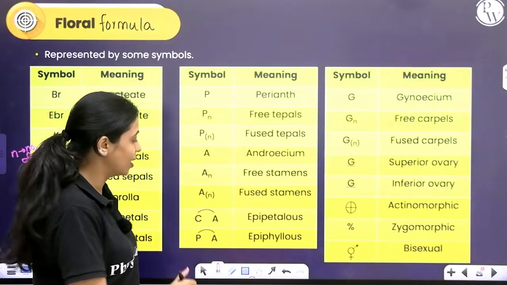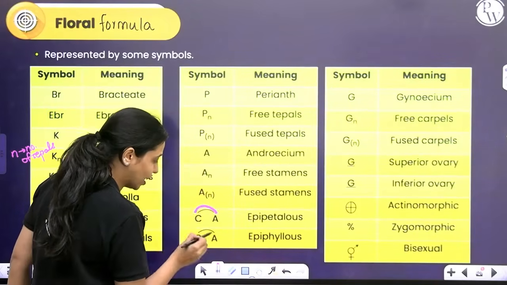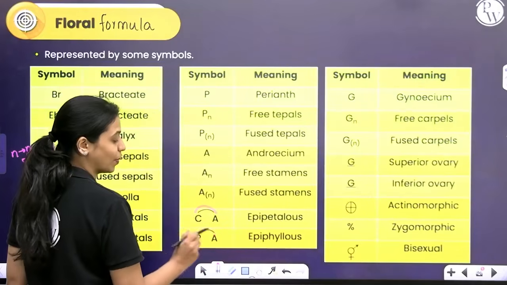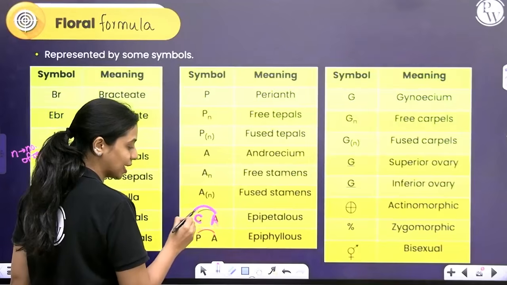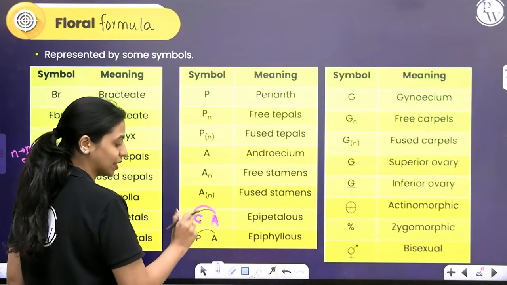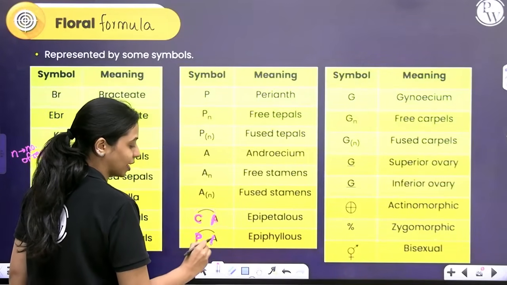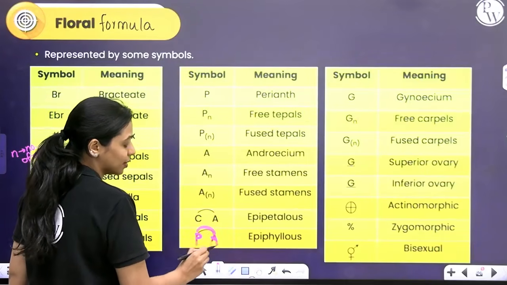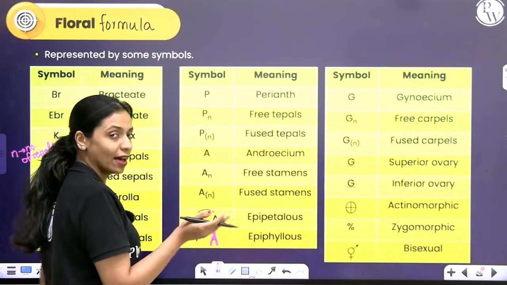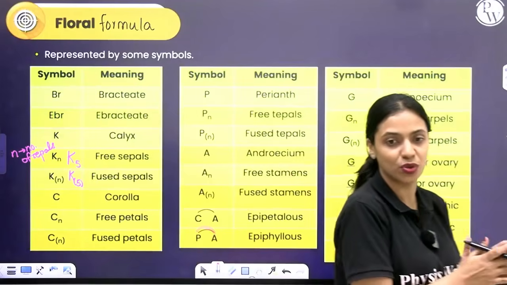In that case, from A to C, there should be an arch drawn like this if it is epipetalous, because C represents corolla or petals, A represents Androecium. This indicates that there is some fusion between these two. P represents perianth, A represents Androecium. So if you're drawing an arch like that, that represents the members of this and this are showing some fusion.